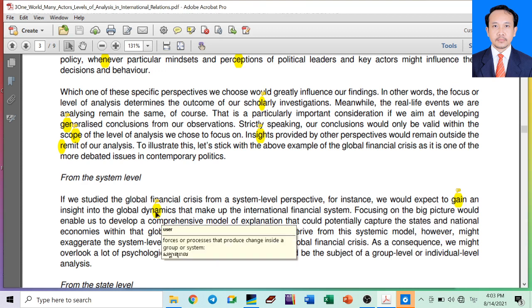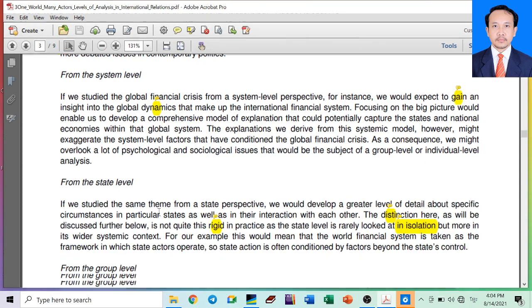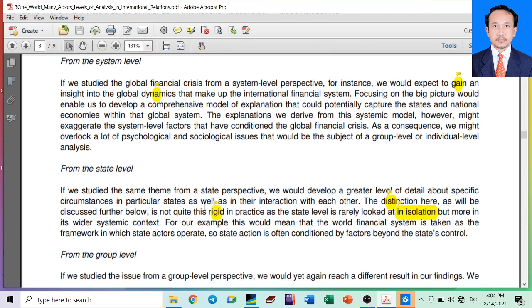Dynamic: forces or processes that produce change inside a group or system. Distinction: a difference between two similar things.